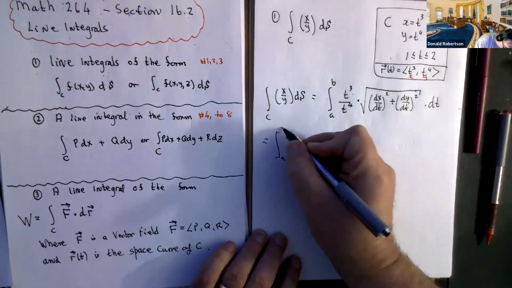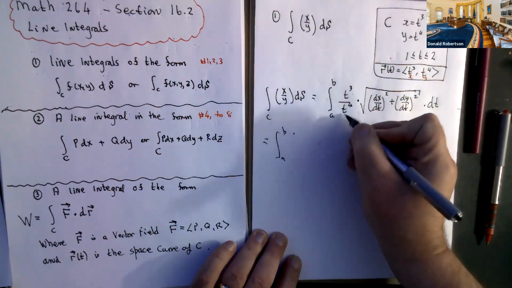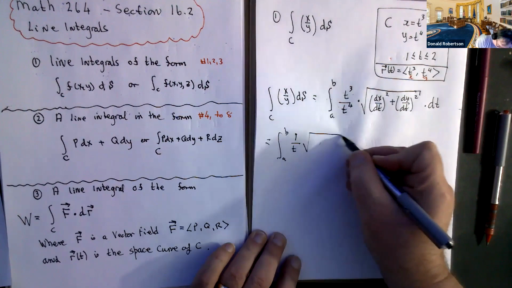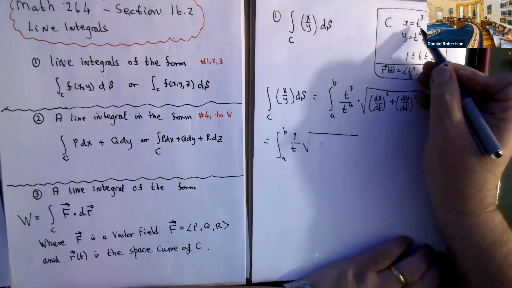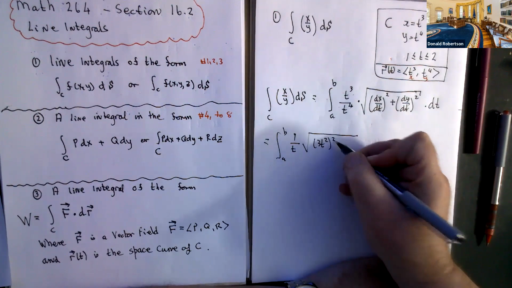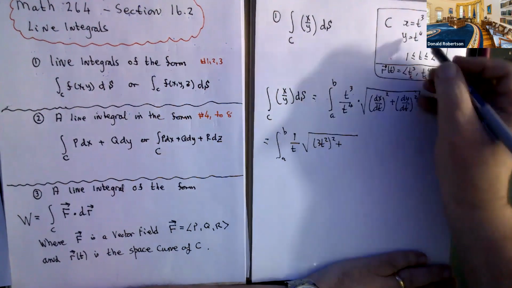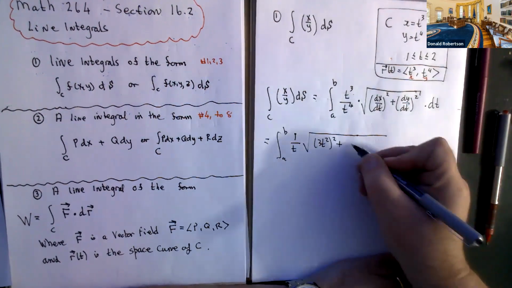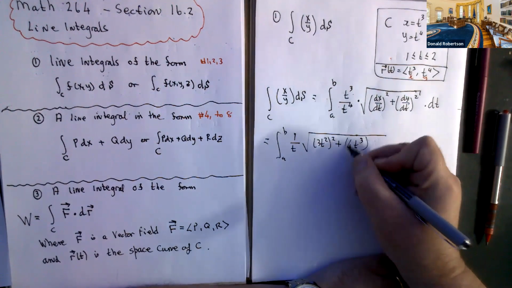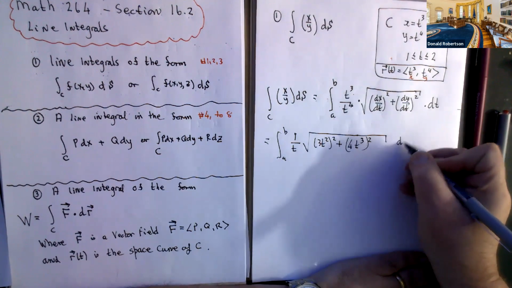So let's continue. t cubed over t just gets me 1 over t. Under the square root, if you differentiate this one, you get 3t squared and then you square it. Plus, if you differentiate this other one, you get 4t cubed and then you square it, dt.